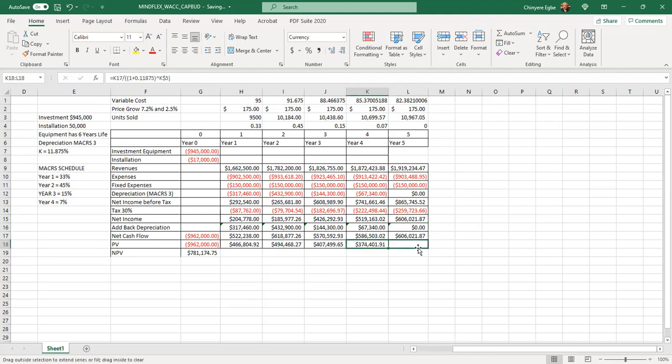And so now we are using 11.87%, but let us go back to the problem we had. What was our weighted average cost of capital? Let us use the calculation that we made. Does anybody remember what we had? I want to say it's 8.026 or something.